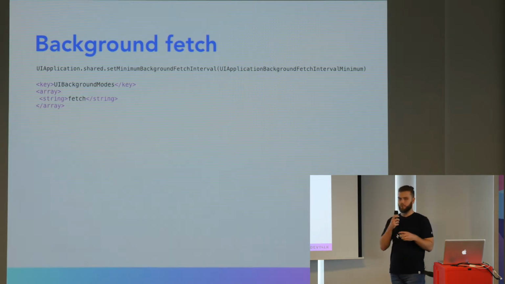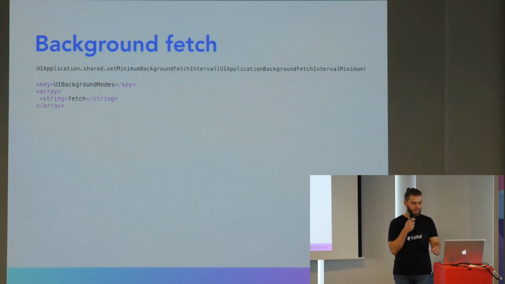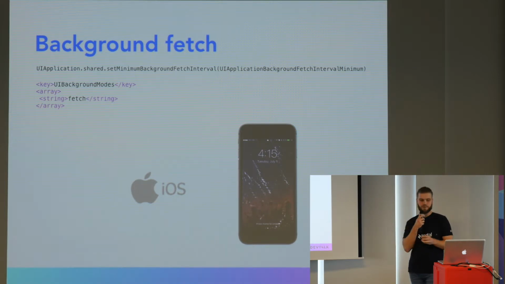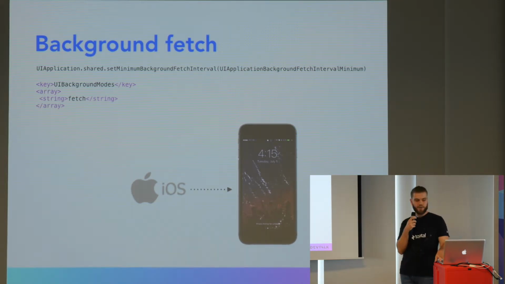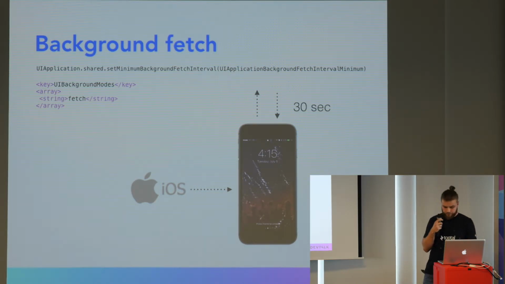The first one is to set the minimum interval, how often you should be called, and the second one is just a configuration in your file. It works similarly to silent push notifications, but the only difference is that you don't need a server to be woken up. iOS just wakes you up by calling your application, and you still have 30 seconds to do all you need to do.